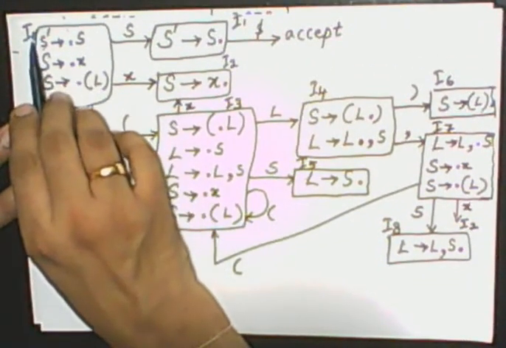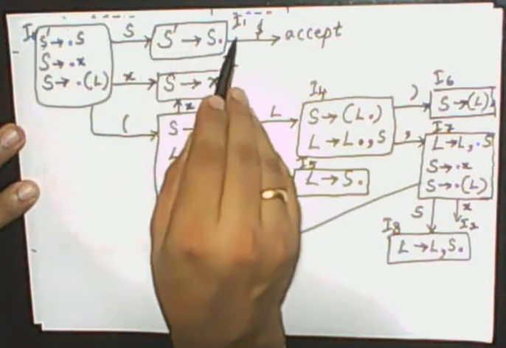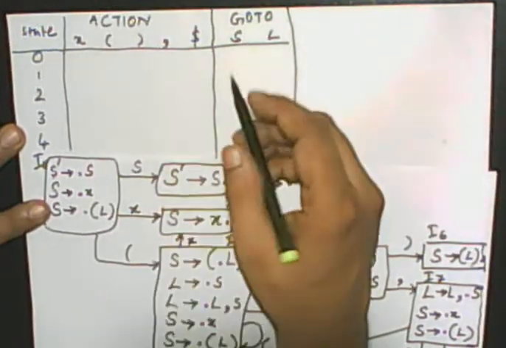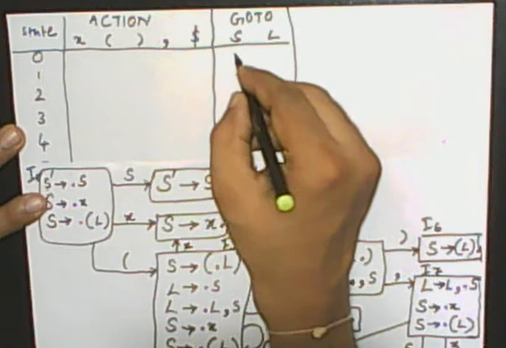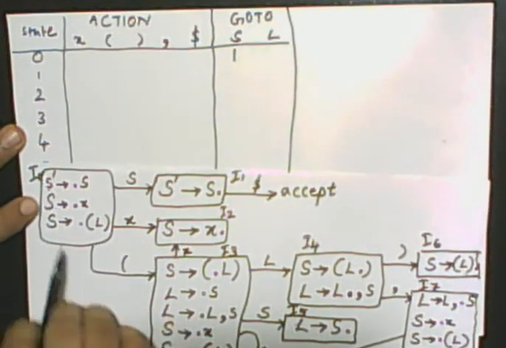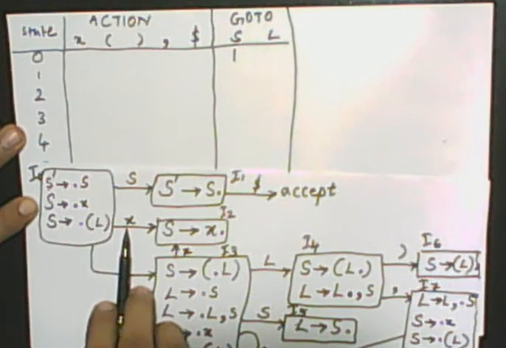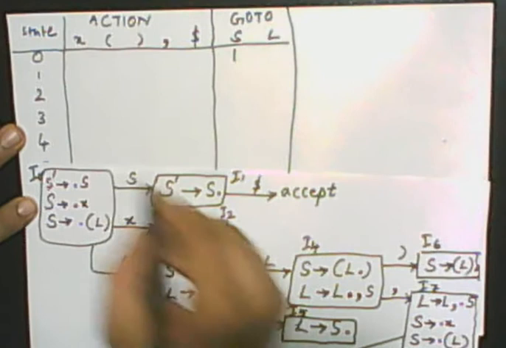So on I0 you have 3 transitions. I0 on S goes to I1, so let us mark 1 here. I0 on X goes to I2, so under X it will be shift 2.